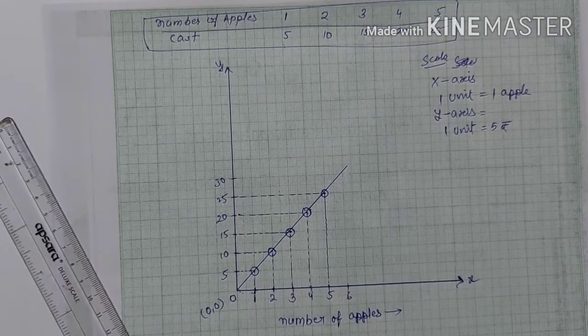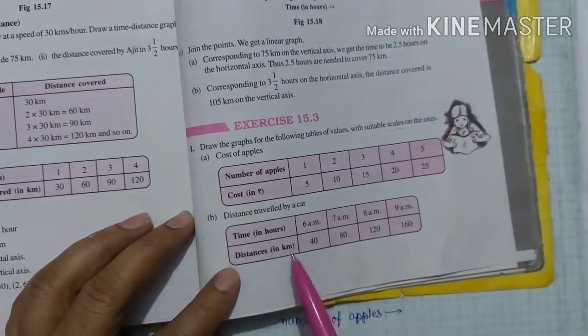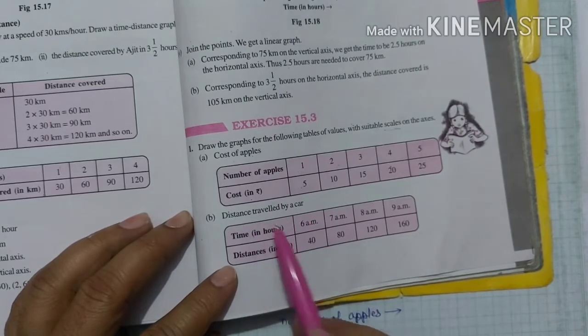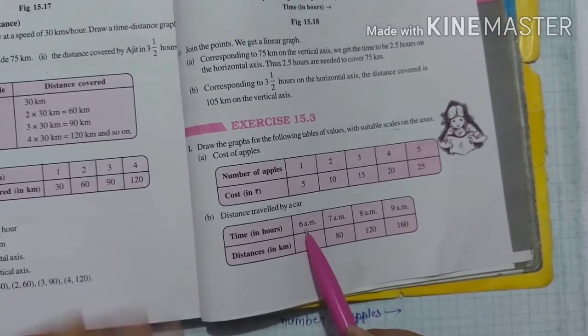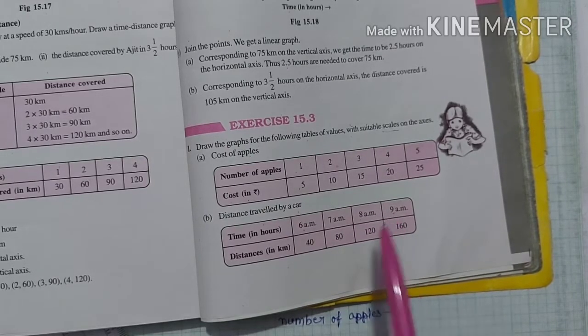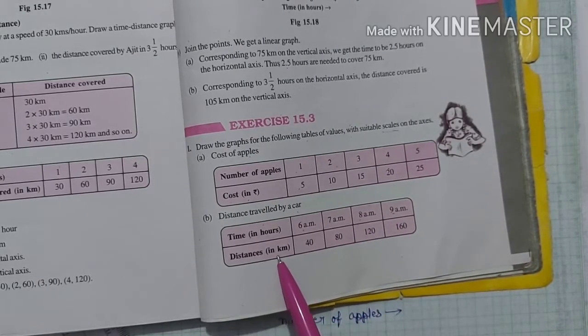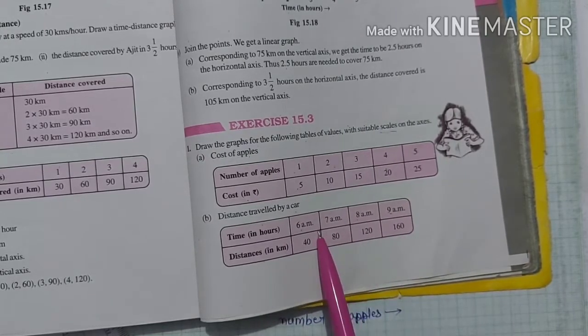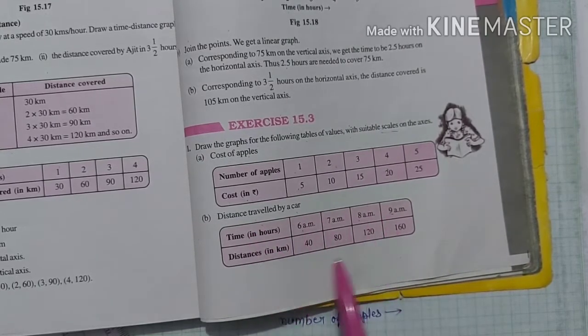Now the second question: the distance traveled by a car. The time starts at 6 a.m., 7 a.m., 8 a.m. and 9 a.m., and the distance covered in kilometers is 40, 80, 120 and 160, and we draw the graph again.